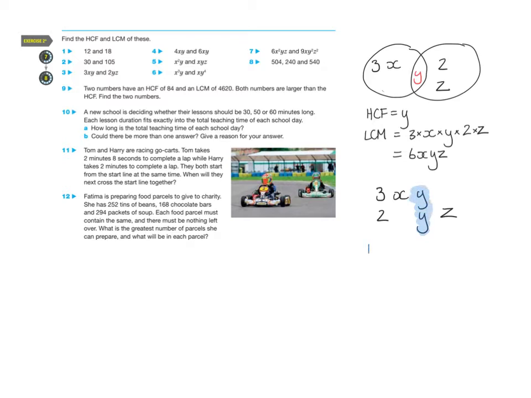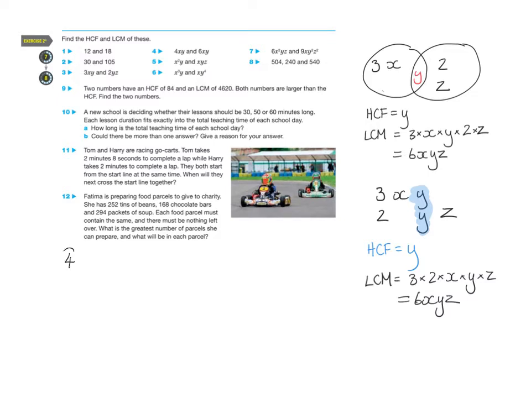So the highest common factor is going to be the y, and then the lowest common multiple is going to be the 3 times the 2 times x times y times z, which of course gives us 6xyz. At this point, it's really important to note that we write our variables in alphabetical order. It's just easier to follow, it's easier to find like terms. So these are the two methods you could have possibly used.